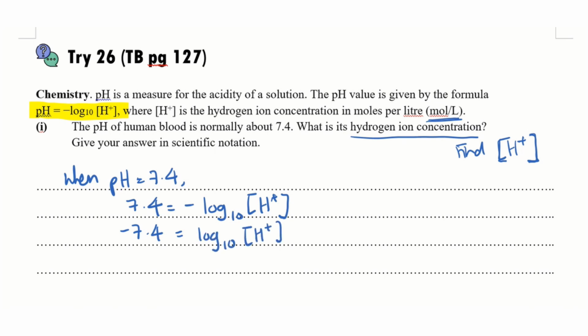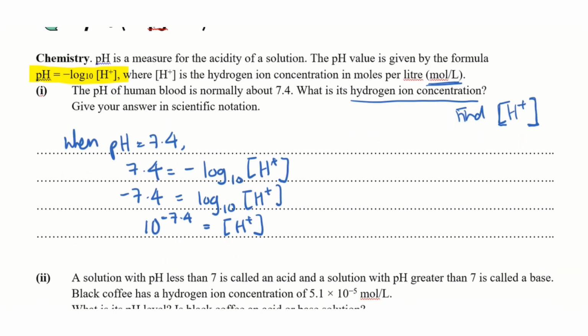Then I change this logarithmic form into an index form. So I will get 10 to the power negative 7.4 equals H plus. Then I can press my calculator to find out what that value is.